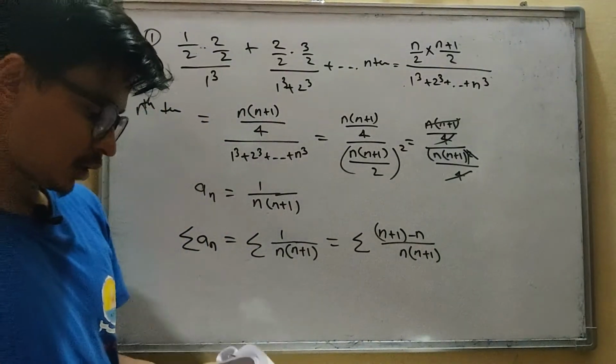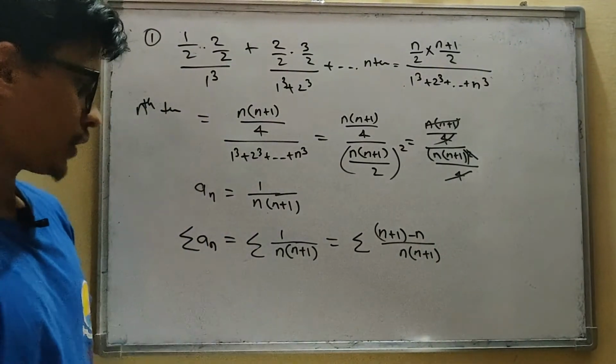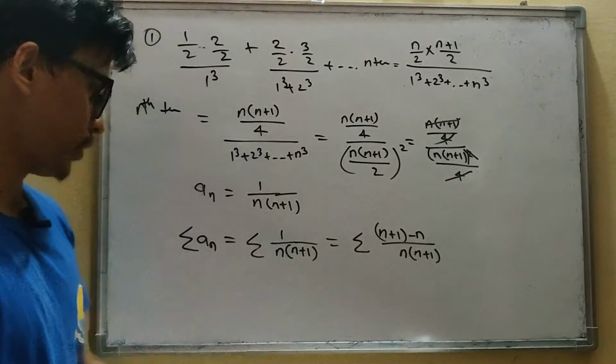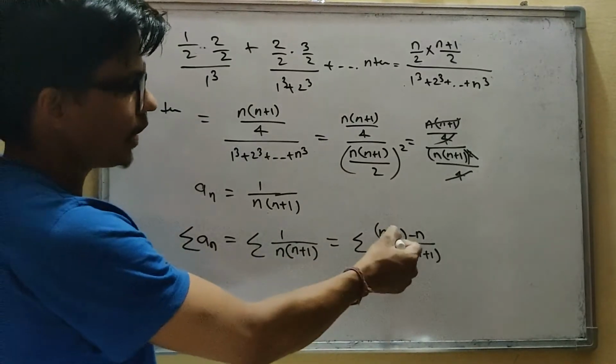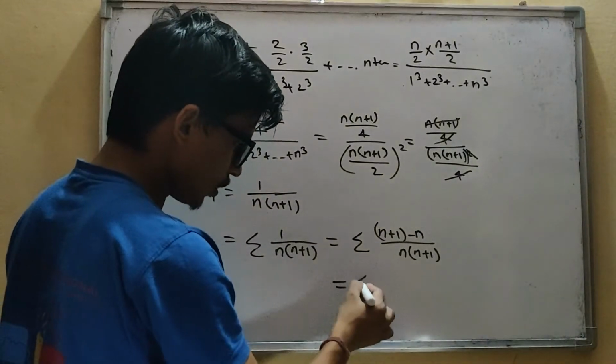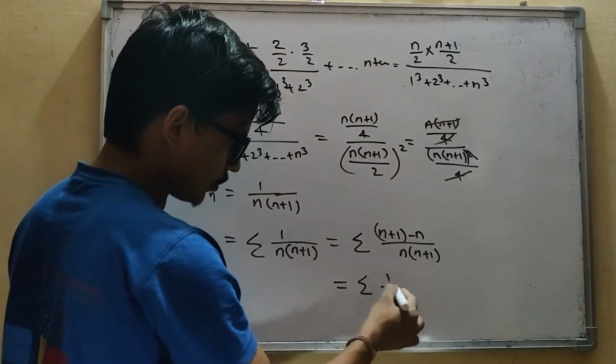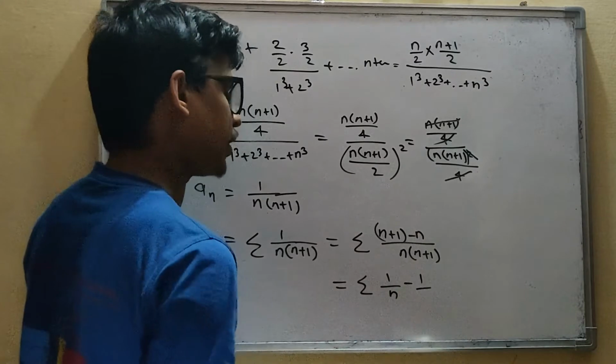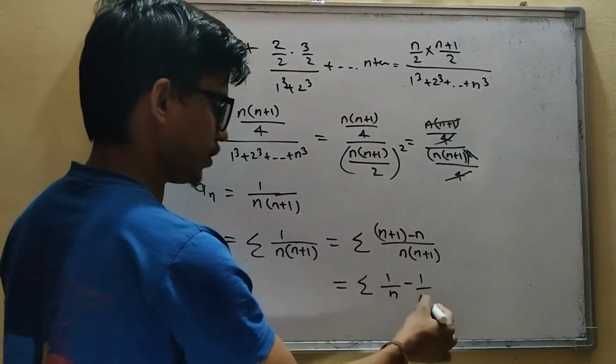These questions are always asked in this kind of pattern. So n plus 1 minus n, and now separate them. After separation you are going to get 1 upon n minus 1 upon n plus 1, right?